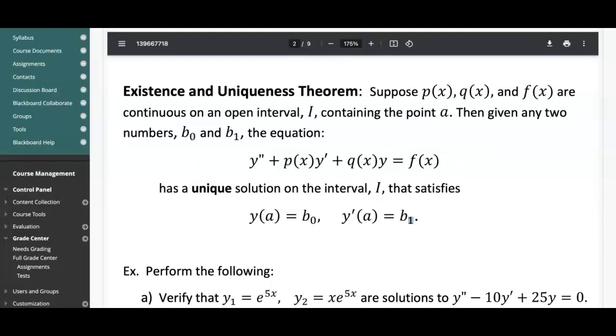All right, so this is existence and uniqueness. The condition is that P, Q, f are continuous on the interval I containing the point A. So for any two numbers, the equation has a unique solution on the interval which satisfies this and this.